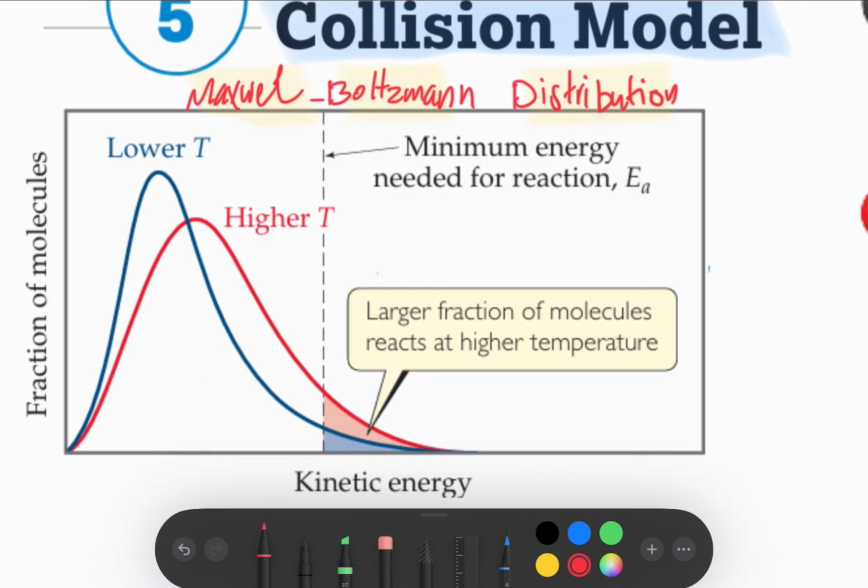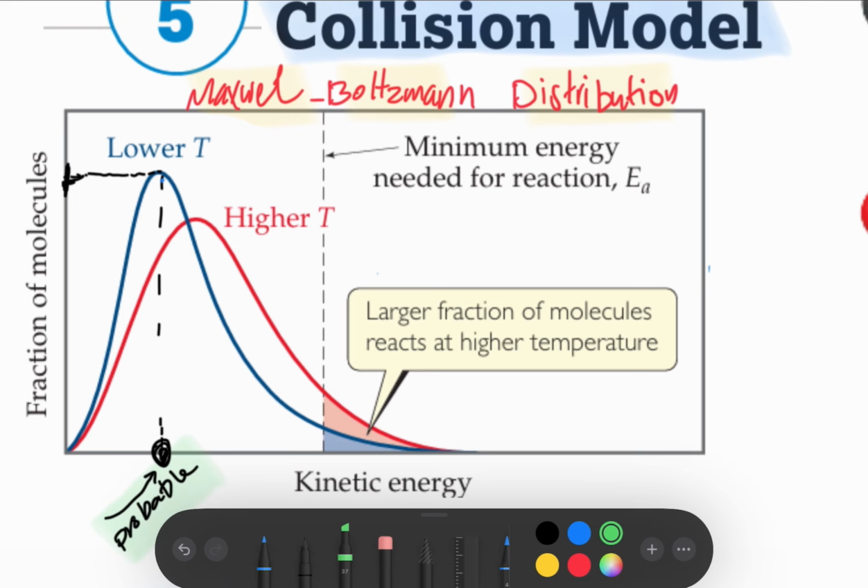One more thing that we can deduce: if we look at the fraction of molecules, the greatest number of molecules have this amount of energy. So we can say that this energy represents the most probable energy, which means that most of the particles have this amount of energy.